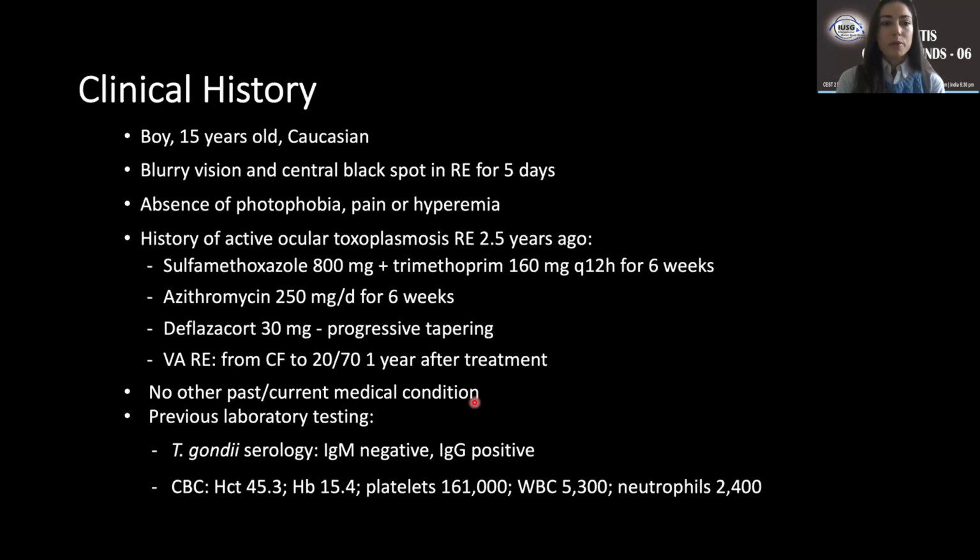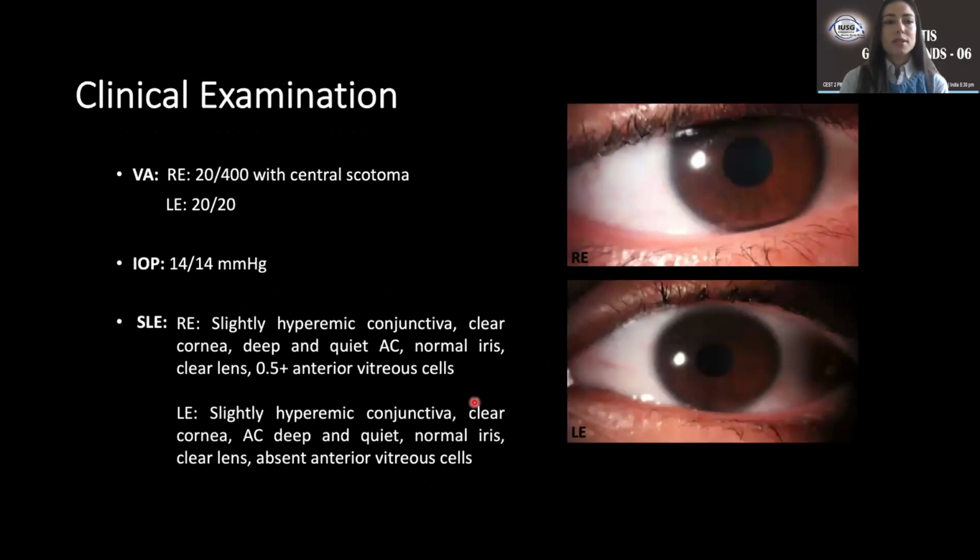His previous laboratory testing showed a positive IgG for Toxoplasma gondii and a normal complete blood count. On his clinical examination, the right eye showed a visual acuity of 20/400 with central scotoma, and the left eye was 20/20.